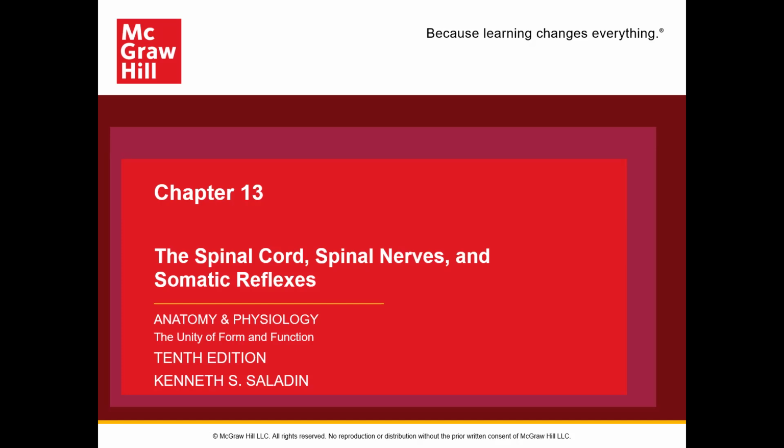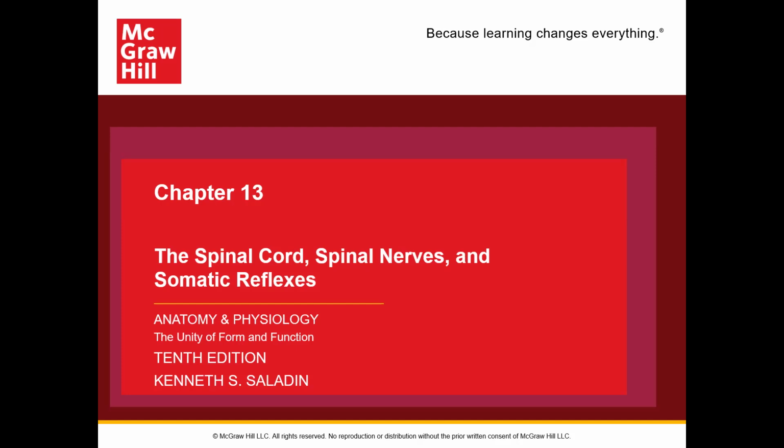And we said that the integration center is either the brain or the spinal cord. And we said that this entire part here of this integration center is known as your CNS, that is your central nervous system.